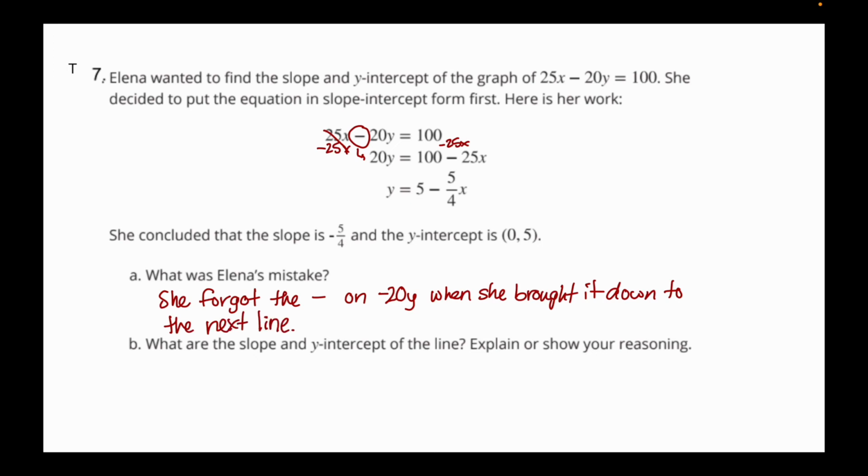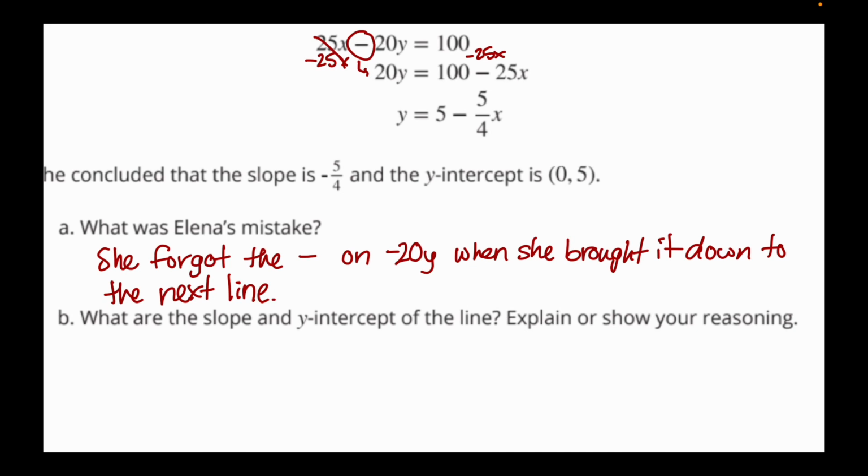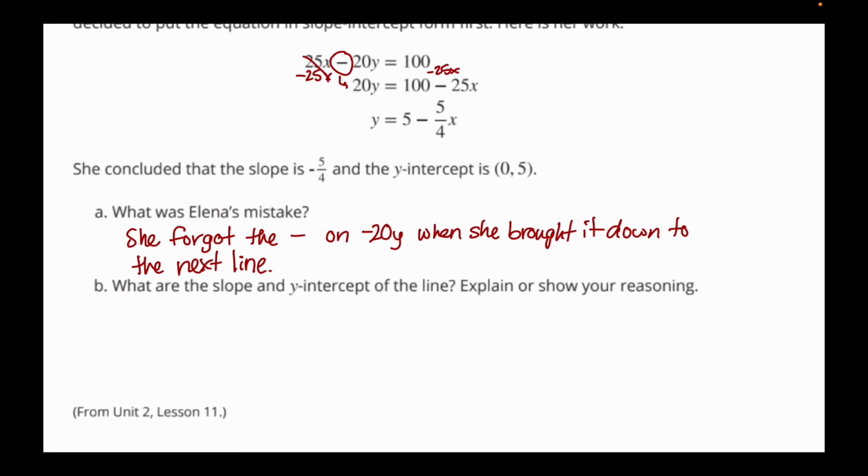Okay, so she forgot her negative. All right, so what are the slope and y-intercept of the line, and explain or show your reasoning? So let's actually do that part, because she was right. We can subtract 25x from both sides, but we would have -20y equals 100 minus 25x. And now we're going to divide everything here by -20.